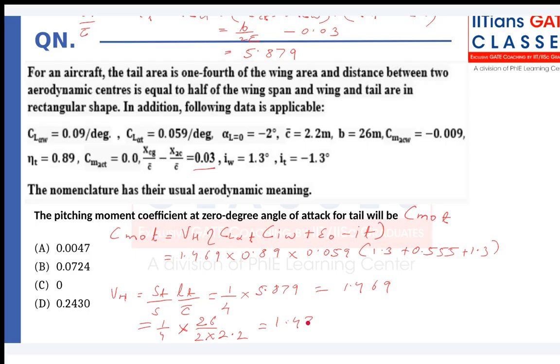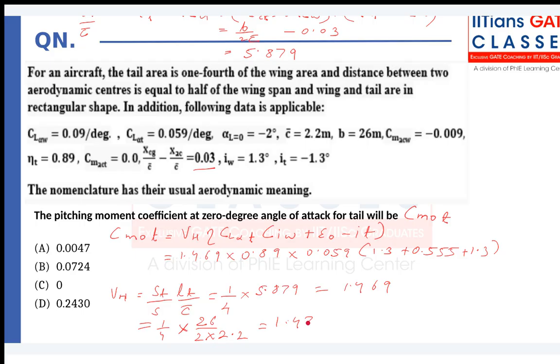But if you convert your CL alpha tail to per radians, then you convert your angles also to radians. So it will cancel out, right? You just need to make sure that CL alpha tail and your angle are in the corresponding units. The rest of the things will cancel out on their own. You will still get the same numerical value. If you're converting your angle to degrees, then you use CL alpha tail per degrees. If you're taking your angle in radians, then CL alpha tail should be per radians. And they will cancel out and you will get the same numerical value.